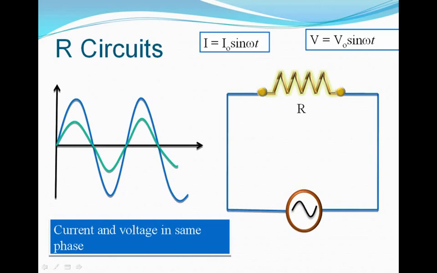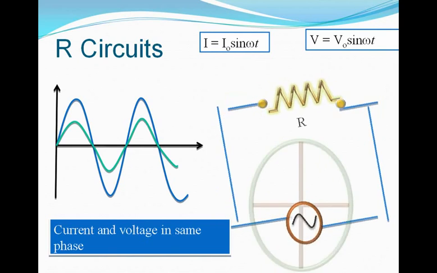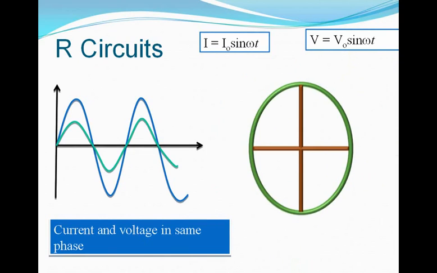The current and the voltage are in the same phase. Both the current and voltage attain their maximum value at the same instant. Both current and voltage again become zero at the same instant. They again attain their most negative point at the same instant. And throughout their cycles, the phase for current and voltage is exactly the same. If you actually look at the phases of the current and voltage, both of them are actually along the x-axis, isn't it?